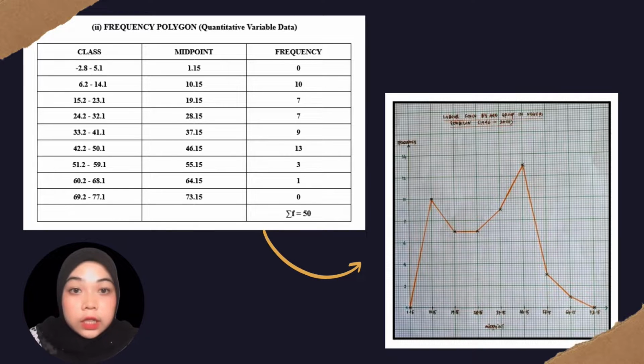For the horizontal scale of the frequency polygon, we put the midpoint of the data values, and the vertical scale uses the class frequency. The third one is that we plot points representing the midpoint and the frequency. As you can see, that is the result of our frequency polygon graph.